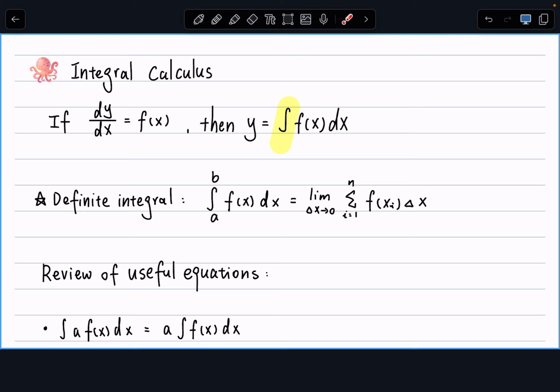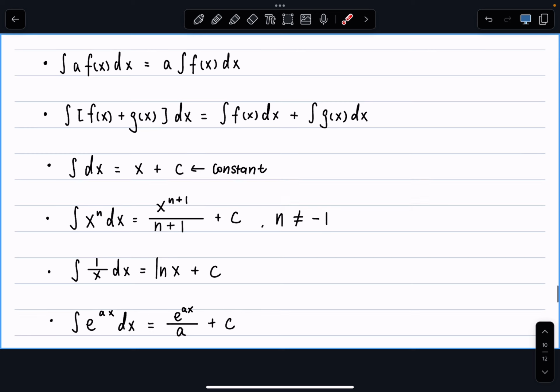For integral calculation, the same applies: we have a bunch of useful equations that you see in your math class. I'm not going to go over them one by one, but effectively just know where to find these equations when you see these problems. That's all I ask for.